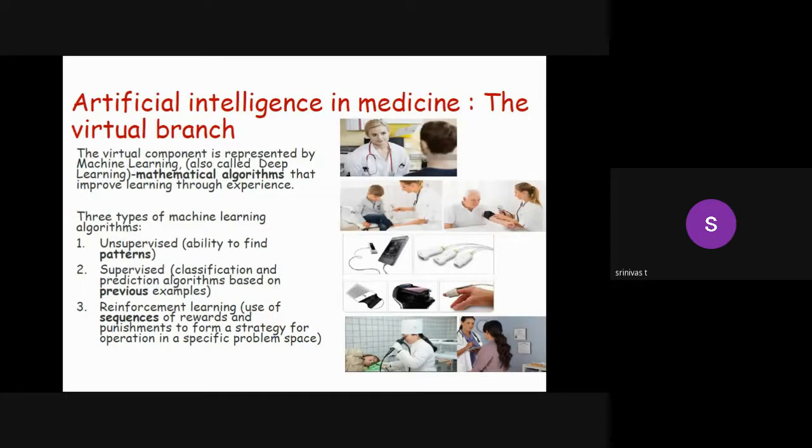The virtual component is represented by machine learning, also called deep learning, mathematical algorithms that improve learning through experience. There are three types of machine learning algorithms: unsupervised, the ability to find patterns; supervised, classification and prediction algorithms based on previous examples; and reinforcement learning, used for a sequence of rewards and punishments to form a strategy for operation in a specific problem space. Ultimately, reinforcement talks about the results and conclusions, and based on that it will be used.